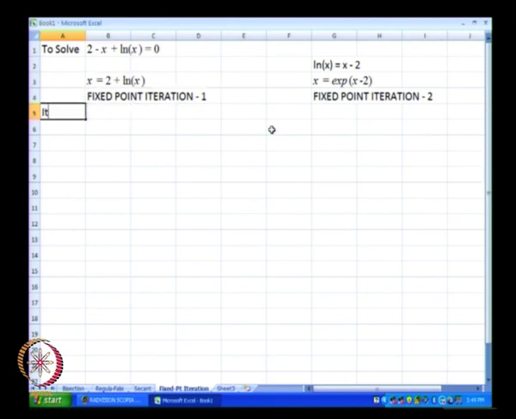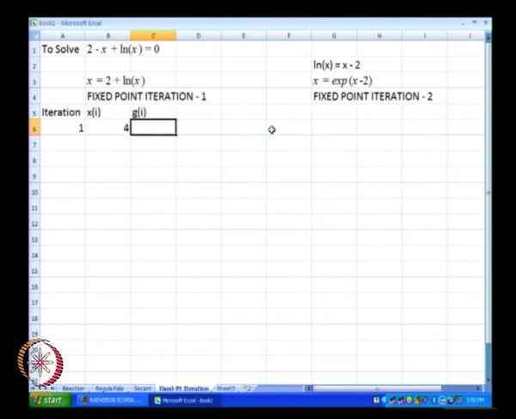And the same way as before, the initial guess is x of I, g of x of I, and x of I, let us say we will start off with 4 over here.